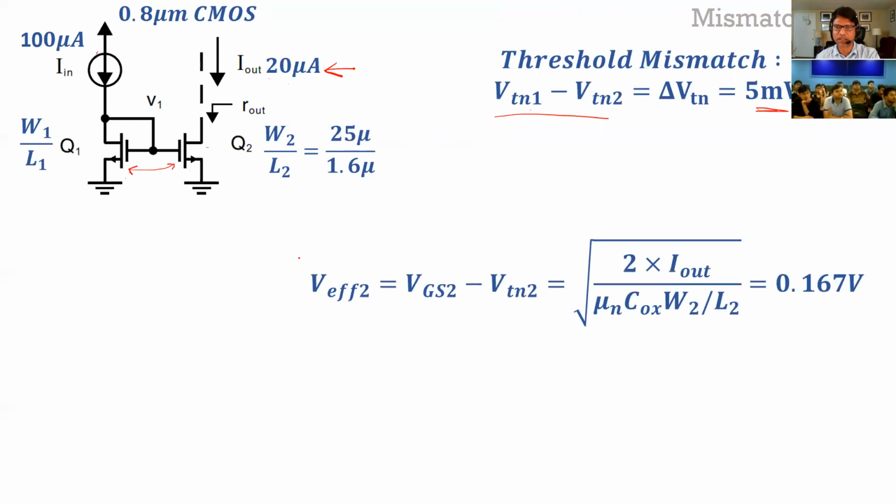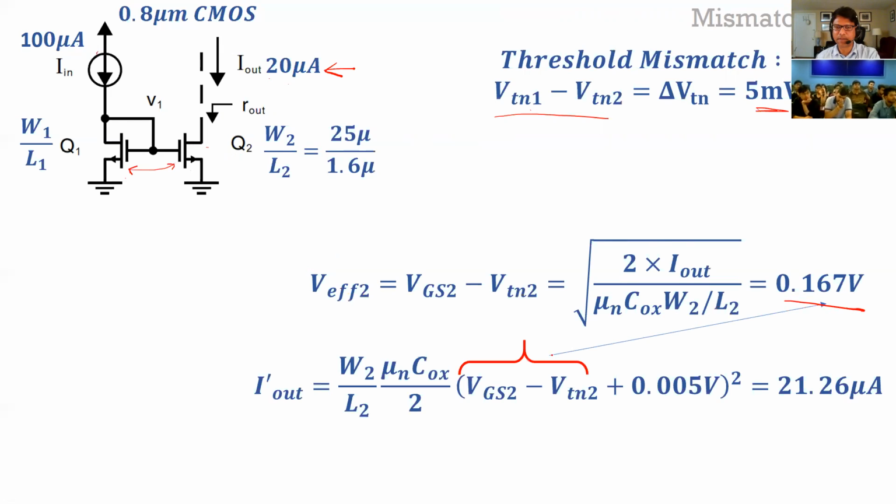So in this case, for example, if you didn't have a mismatch, then the effective voltage is 167 millivolt, for example, right? Now, if you have a mismatch, then you write the same equation, right? So this is your new I out with a mismatch.